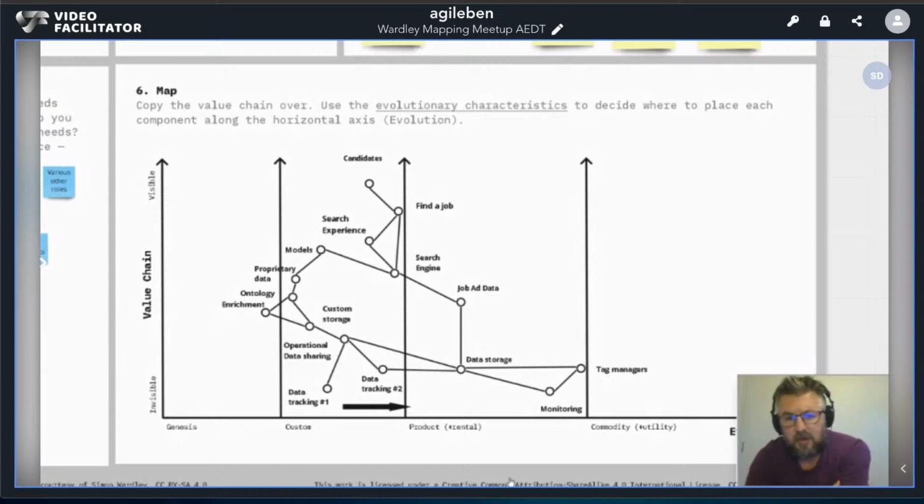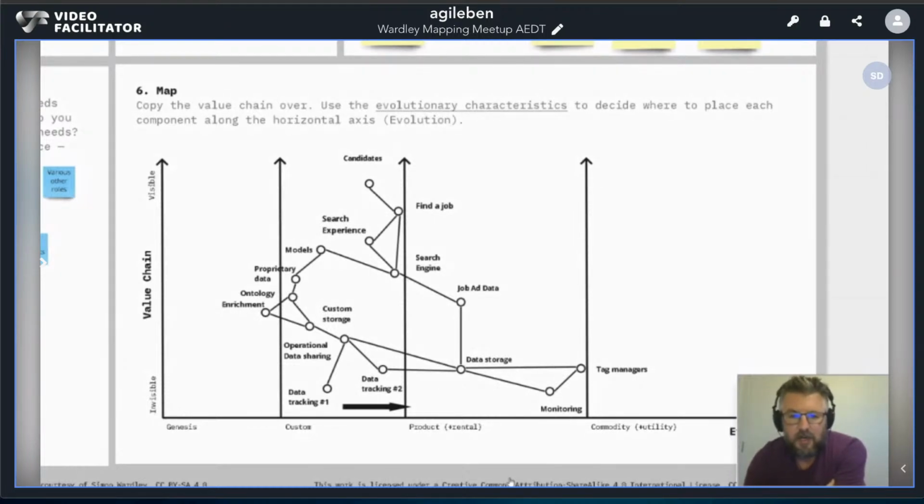You can see that some of the key elements were the search experience itself, and sitting behind that, the search engine, and then those things being powered by the data science models, some of the proprietary data, some of the ontology, enrichment. We have some customized storage.